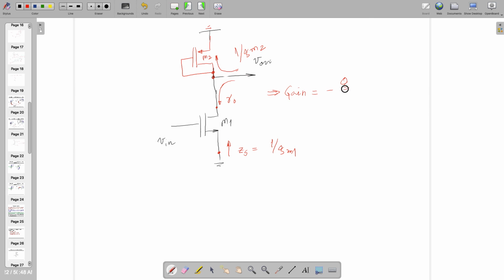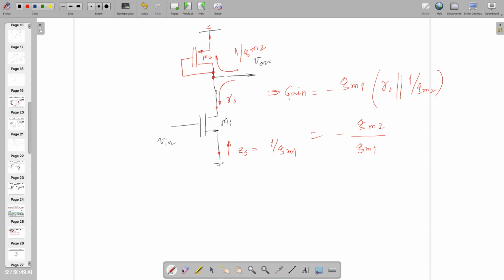Minus gm1. Okay, ro in shunt with 1/gm2, right? However, 1/gm2 is winning here. So I made it something wrong. Okay, minus gm2 divided by gm1, right?